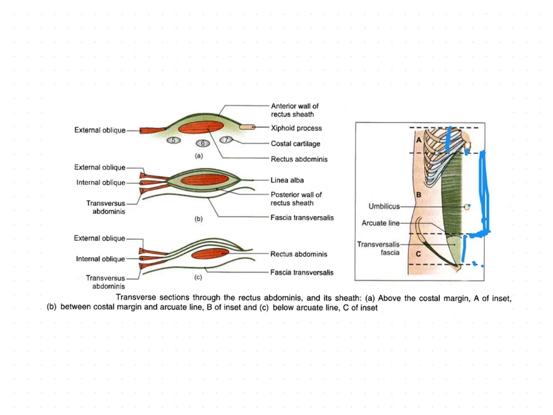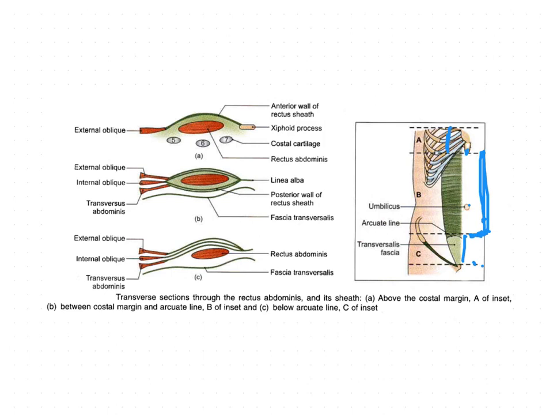Now we will see one by one. The first is above the costal margin, which we can call region 1. In this region, the anterior wall of the sheath is formed by the aponeurosis of the external oblique.